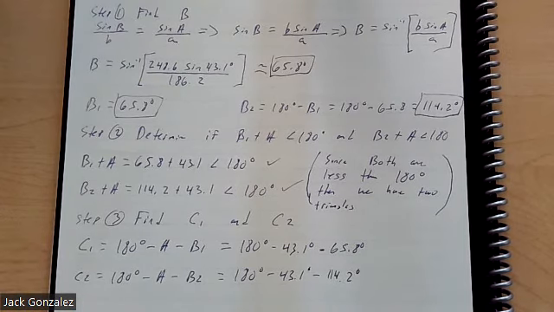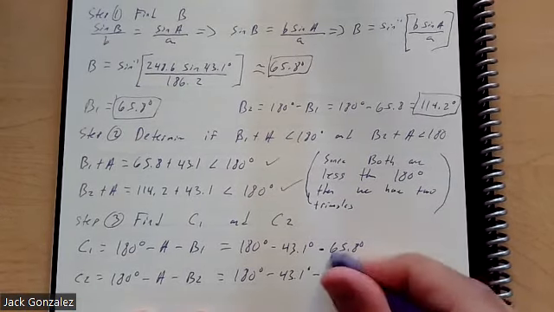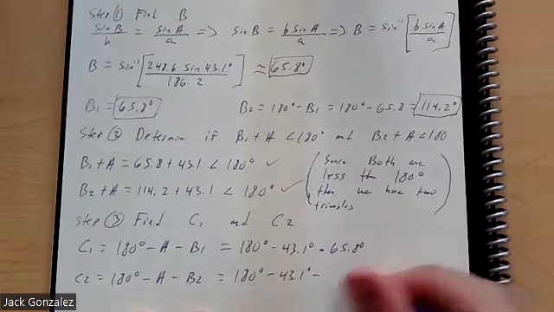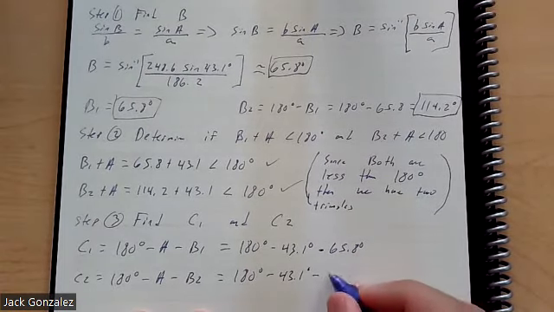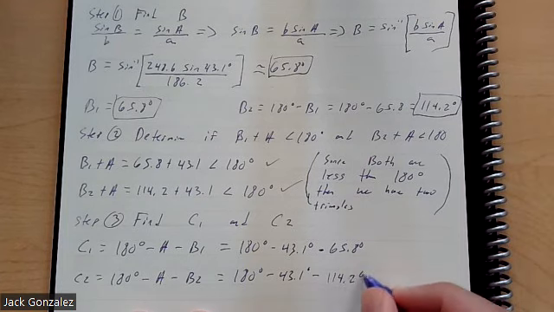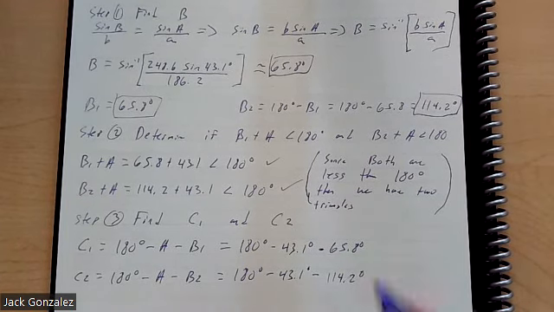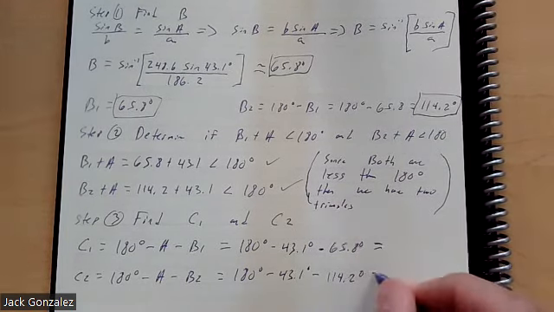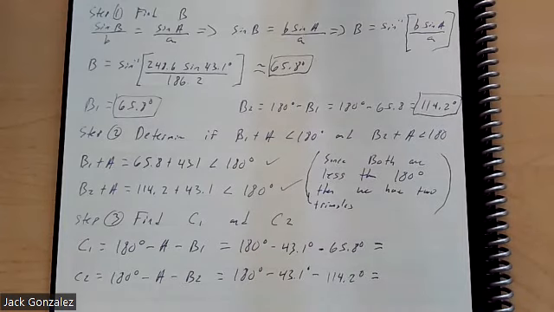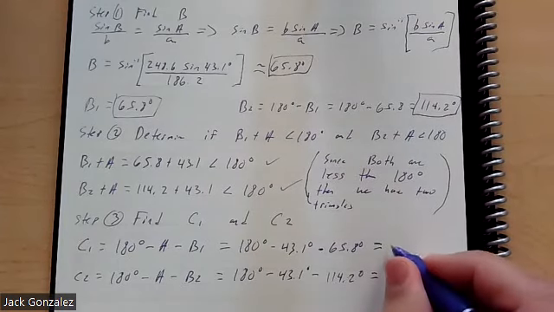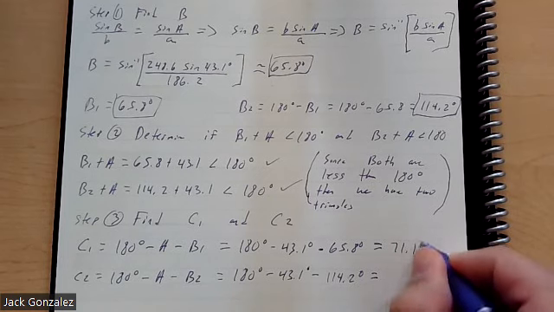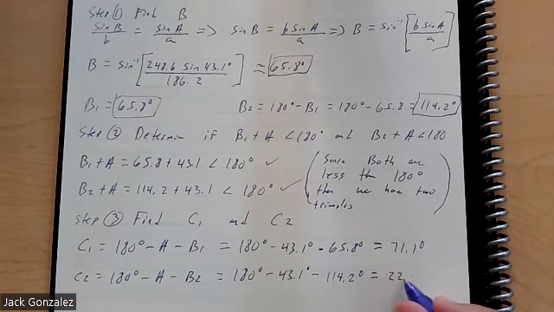I wrote that weird. Should be 71.1, right? And 22.7.